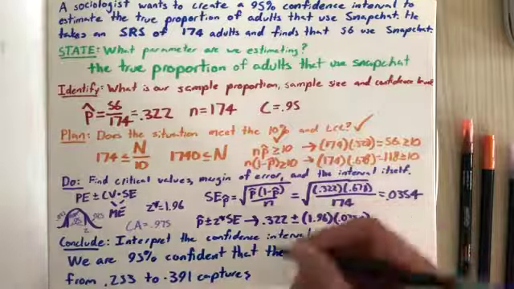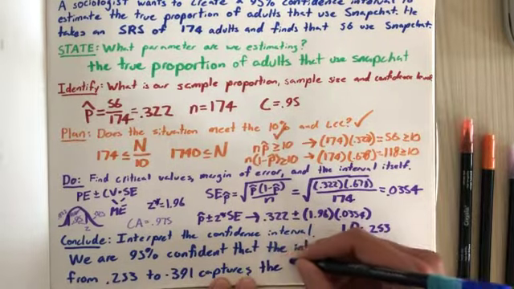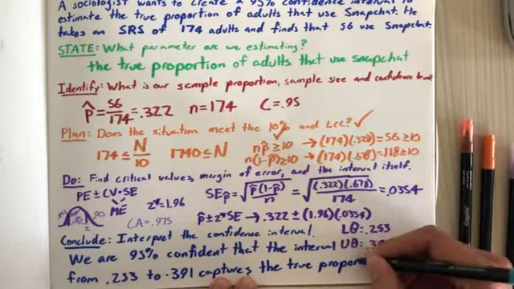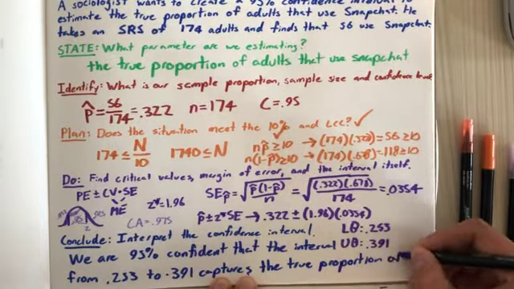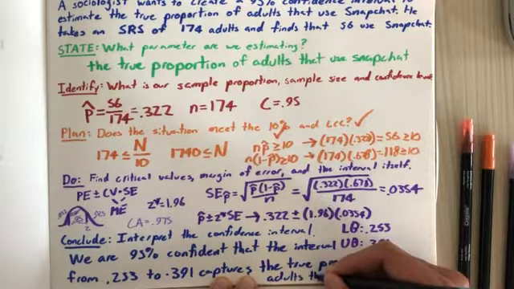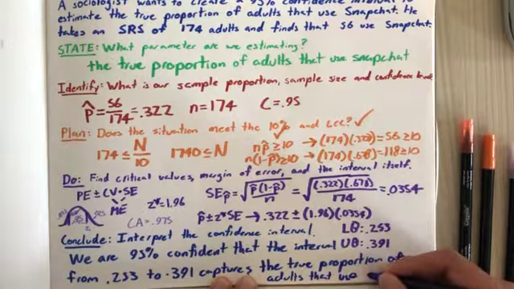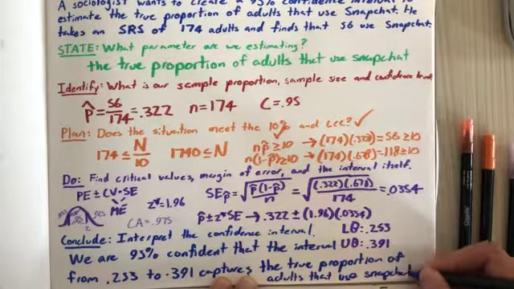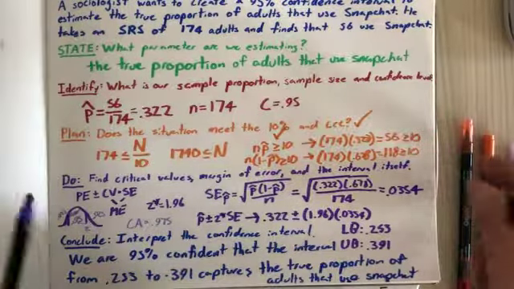So we're just going to basically take that: captures the true proportion of adults that use Snapchat. And that is our interpretation.